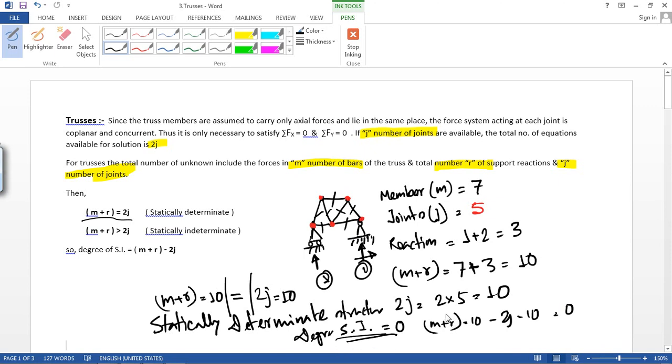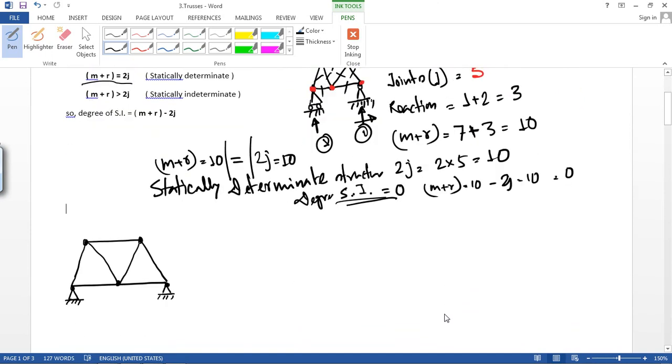Okay, let's solve another example. It is a truss. We have to keep in mind three things: member, joint and reaction. First, member.